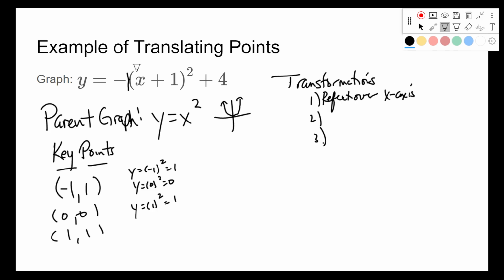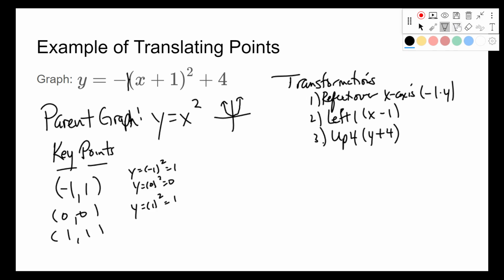If the negative were inside, right next to x, then it would be a reflection over the y-axis. But it's outside here, so it's a reflection over the x-axis. That means I'm going to have to take the y values and multiply them by -1, okay, to reflect something over the x-axis. Number 2, this +1 moves the graph left 1. I'm going to take the x's and take 1 away. And the +4 moves the graph up 4. Take the y's and add 4.